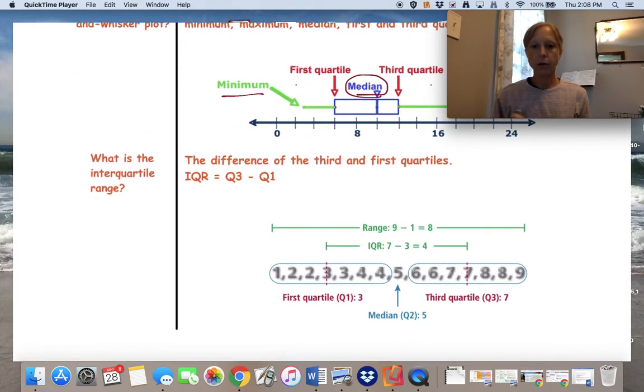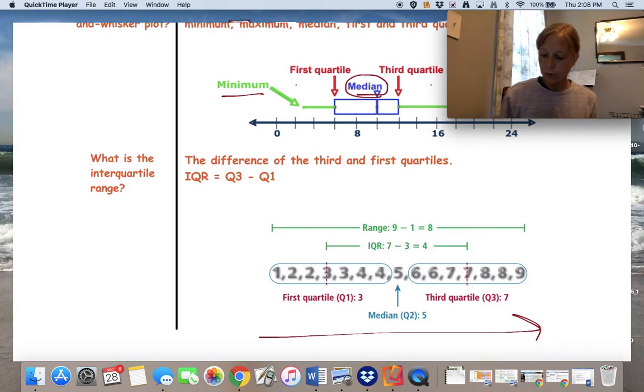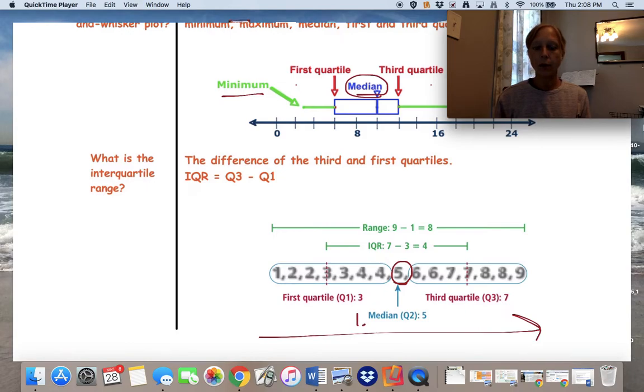Here's another picture of a box and whisker plot, or how you would actually create your box and whisker plot. Because a median is required in your box and whisker plot, you always want to list your numbers in order. And then the first thing you want to do is find the median. That will be what you do first. Once you find your median, you are not going to include it when you look at your lower half and your upper half.